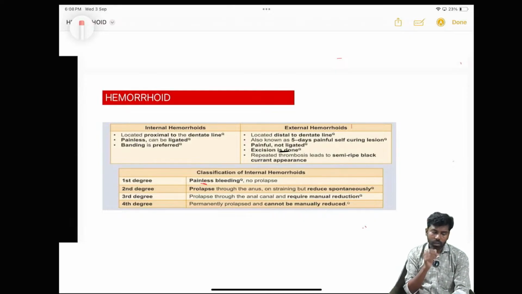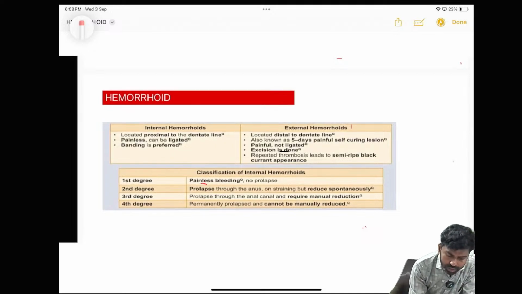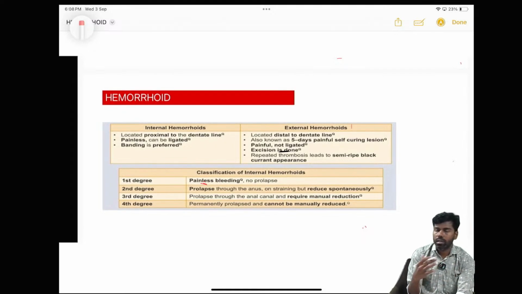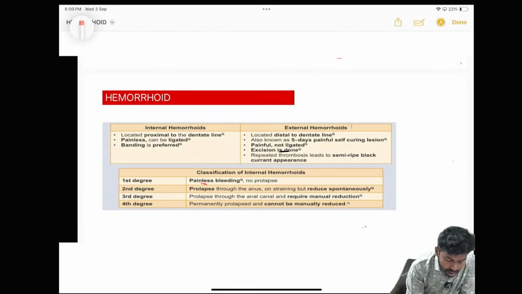Choledocholithiasis is a PG topic. First, is it a basic liver or gallbladder topic? I will teach it elaborately. This is a highly important topic and questions are asked in it. That is why we are discussing all these topics daily, 15 minutes for each topic. After that you have to read the notes or the PPT that we provide, and also attend the regular classes so that you know completely what it is.